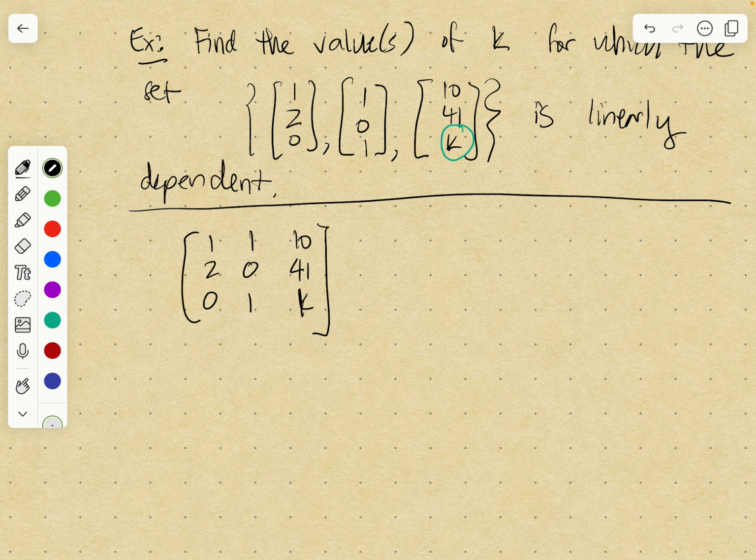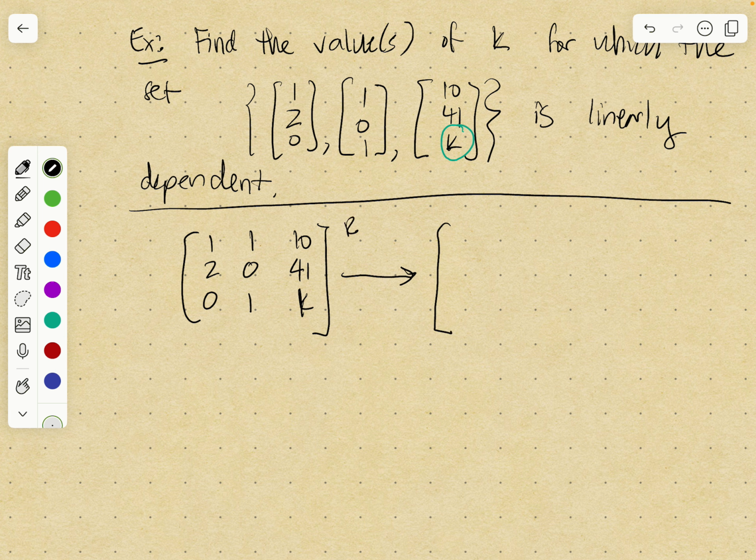What am I trying to do? I want to row reduce. If I get something with a free column, then my set is linearly dependent. If I get no free columns, then the set is linearly independent. Okay. All right, let's row reduce.